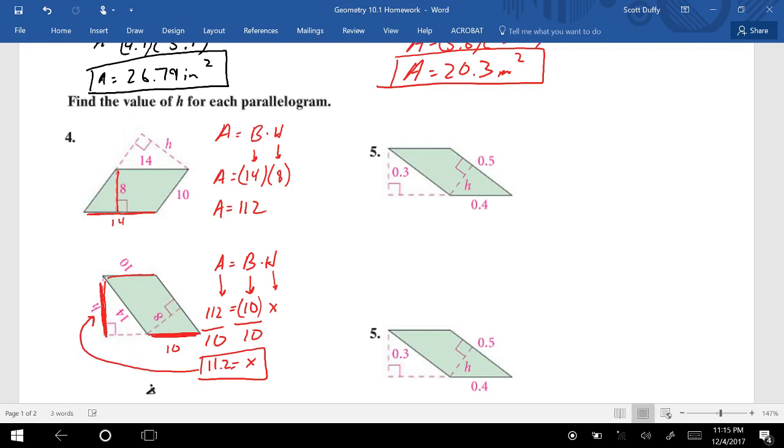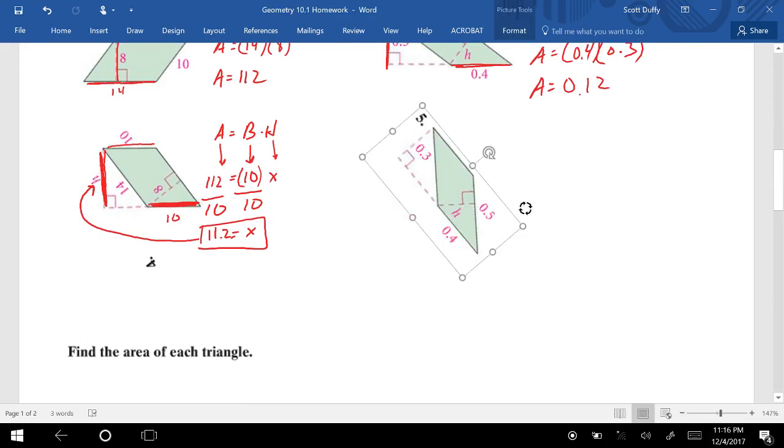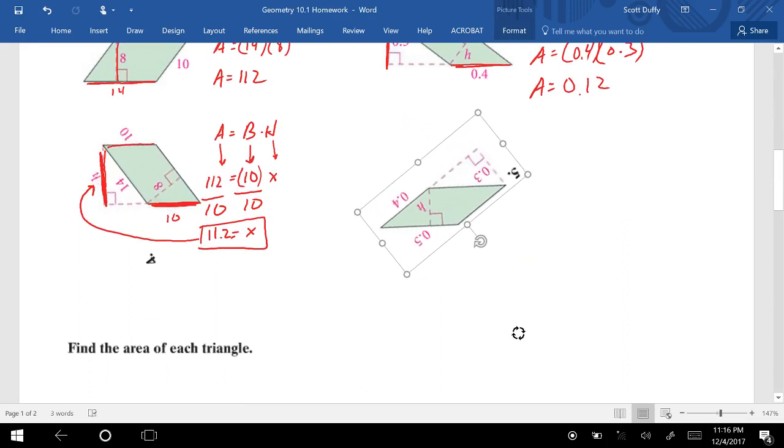Number 5 is going to be done very similar. Right away, you see that we have a height of 0.3 and a base of 0.4. So I'll figure out what the area is. If we're trying to find the height over here, I'm going to turn this so that the height is perpendicular and vertical.